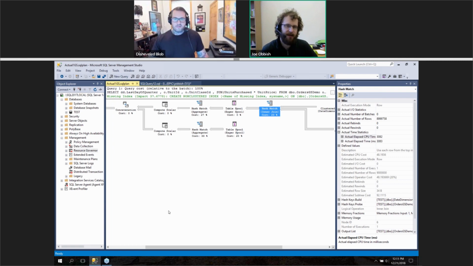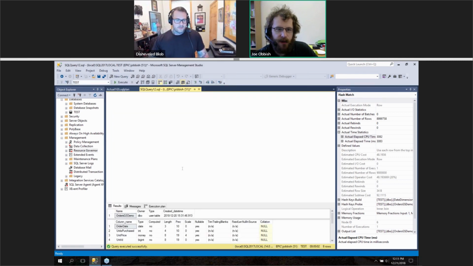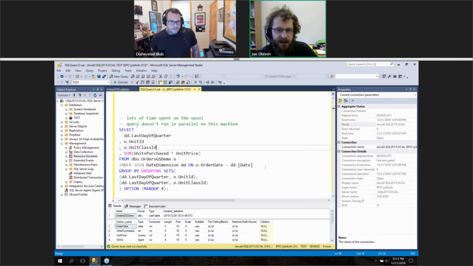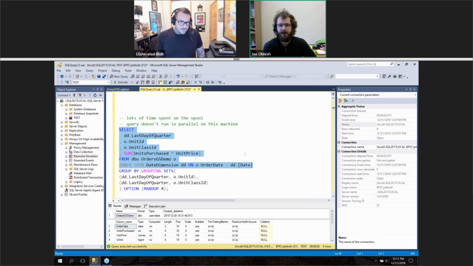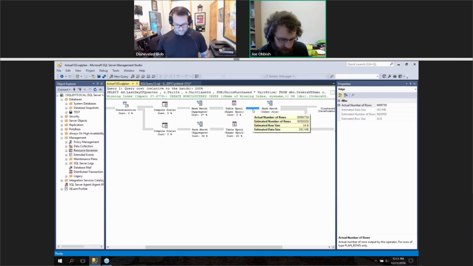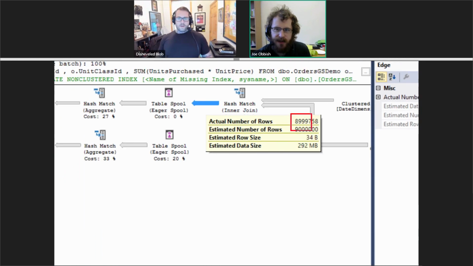So if you imagine that this query was actually very expensive to calculate, and it didn't produce that many rows, the strategy of take the result set, put it into a spool, and run aggregates on the spool as many times as you need to could be a good strategy. But here, I'm throwing 9 million rows into this, and I'm spending 2/3 of the time just writing to the spool.